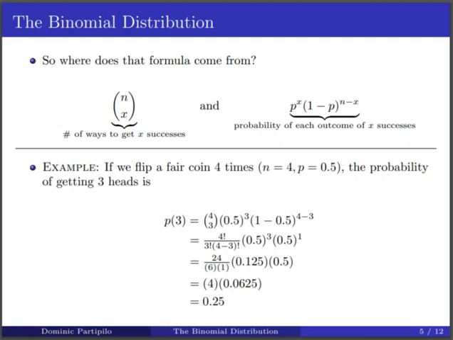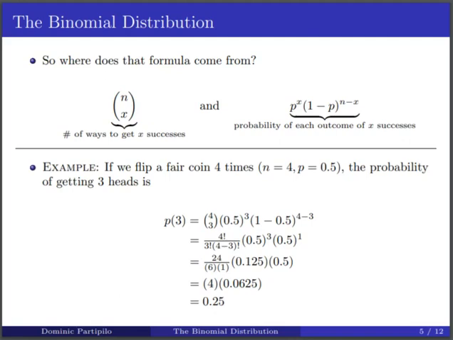We could have gotten 0 heads, 1 head, or 2 heads. But remember, there was only one way to get 0 heads, and one way to get 2 heads, but there were 2 ways to get 1 head. And n choose x helps us come up with the right number of ways to get a certain number of successes, and that's how we account for that.